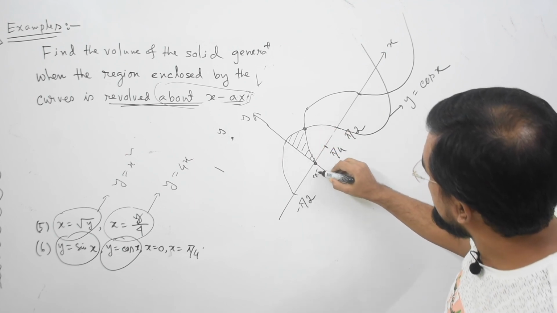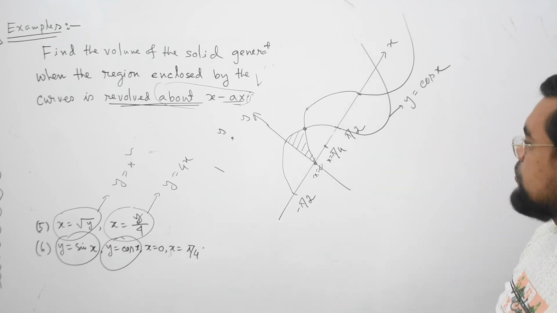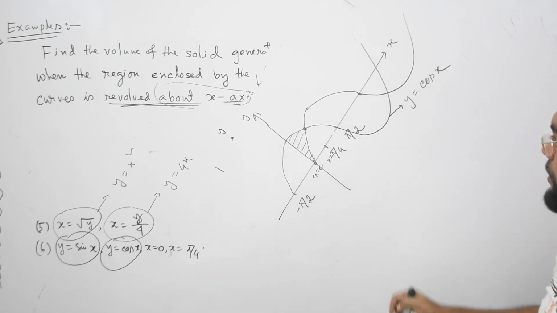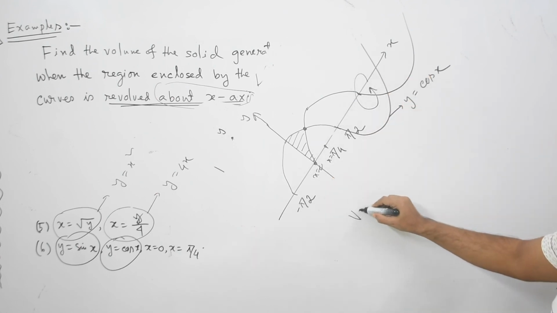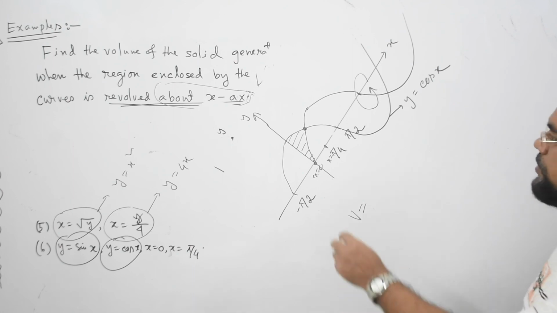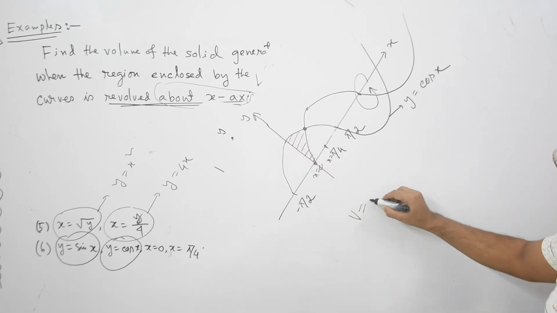Here x equal to 0 and here x equal pi by 4. So if you revolve this region about the x-axis, then you will have an empty interior. So your method will be the washer method.